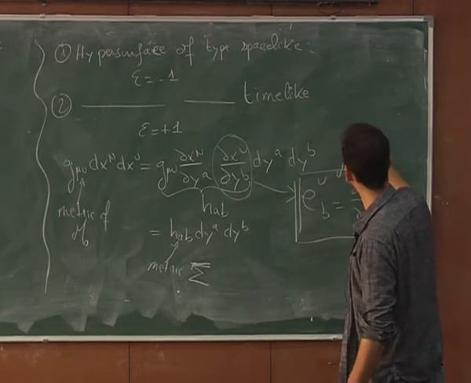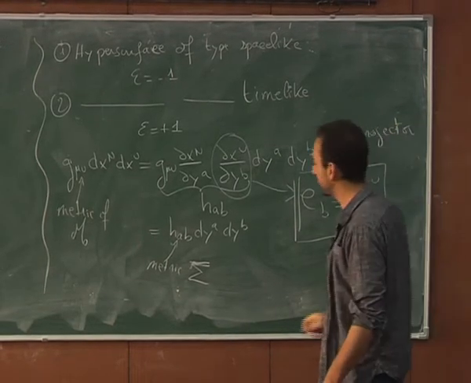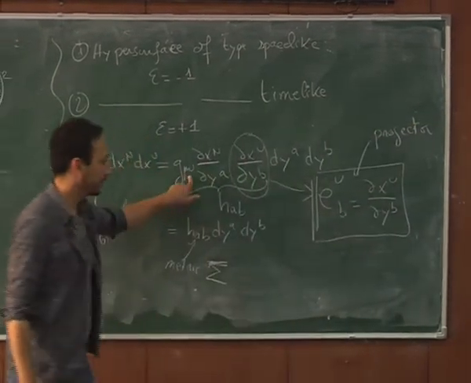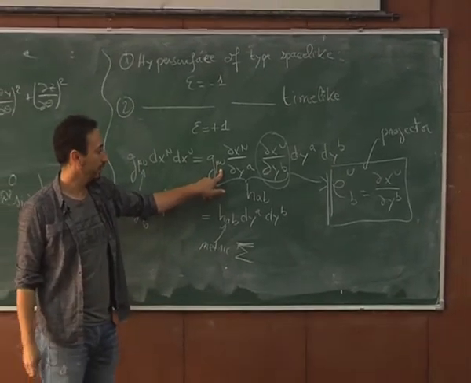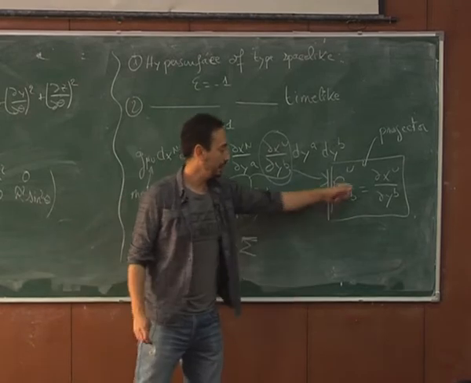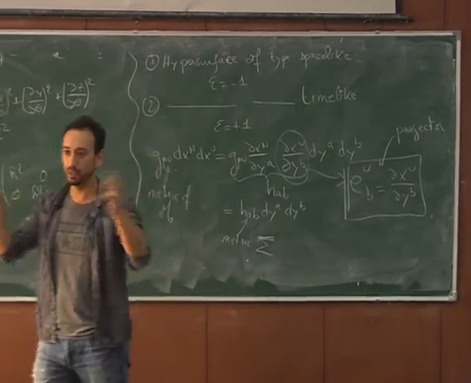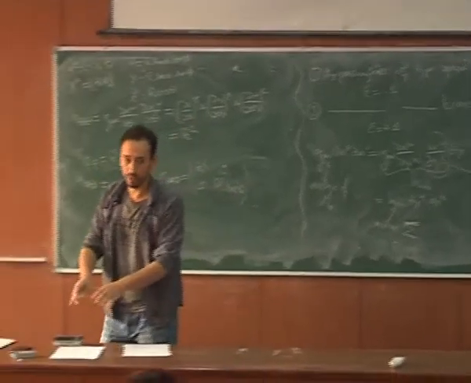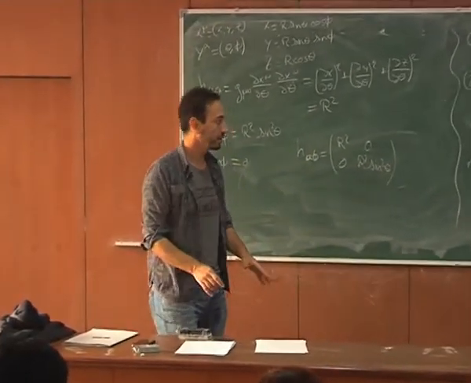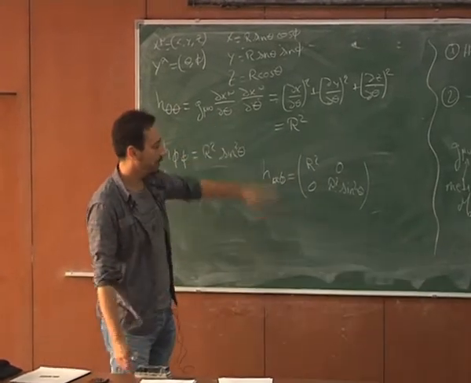And this is like a projector, in the sense that you have the metric in full space-time, and you multiply each index by a factor like this, and this will project the metric in all space-time into the metric in the hypersurface. So they are really like projectors. And at the end, you get the induced metric.